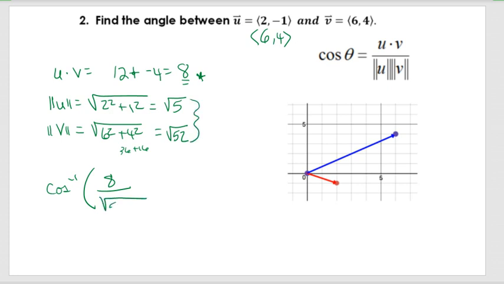Now I'm going to write one big square root of 5 times 52 because it's a little easier to put in the calculator. Cosine inverse of 8 divided by square root of 5 times 52, enter. 60.3.